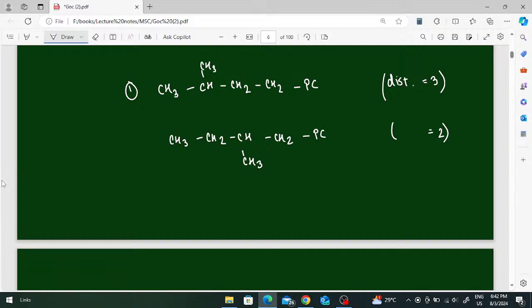So in case of 1 and 2, 2 is going to win over 1.